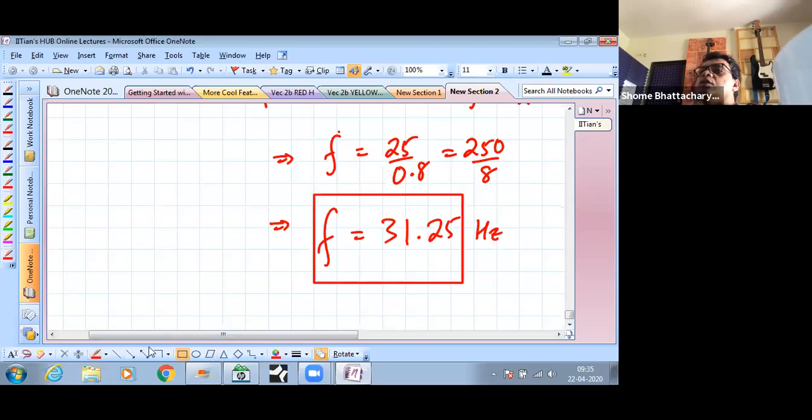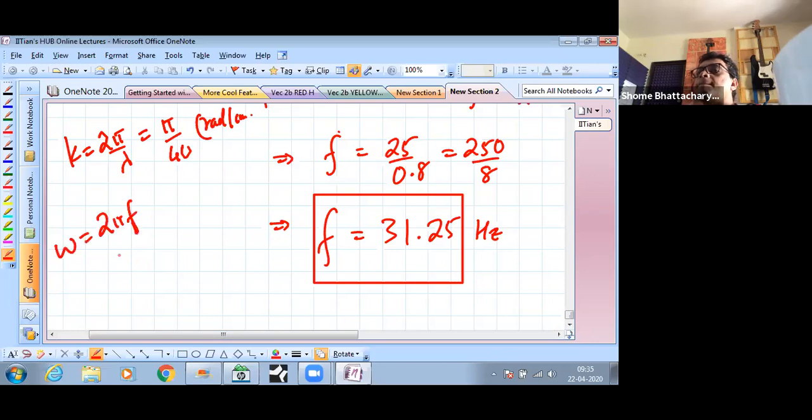And of course, now we can find the value of k, which is 2 pi by lambda. So it is pi by 40 in radians per centimeter, and we can find the value of omega, which is 2 pi f. So that is becoming whatever. We can write this as 250 by 4 pi.